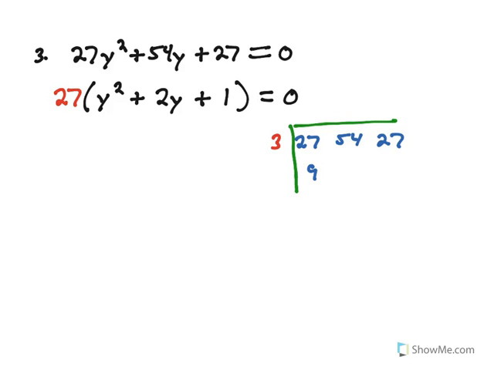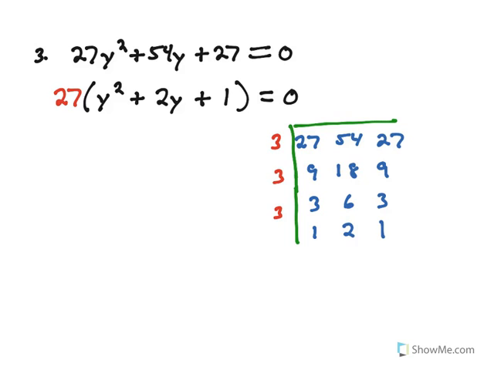And then 54 divided by 3 is going to be 18. 27 divided by 3 is 9. Again, I can pick 3 again. 3 goes into 9 3 times, 3 goes into 18 6 times, and this goes into it 3 times again. And then I just keep picking 3. 3 goes into 3 once. 3 goes into 6 twice. 3 goes into 3 once.